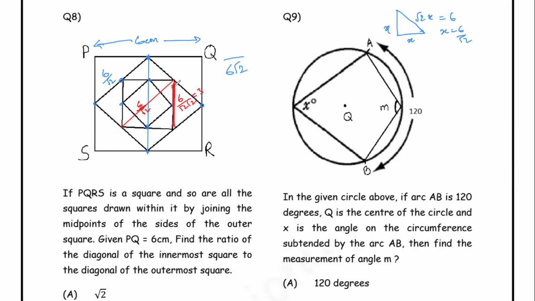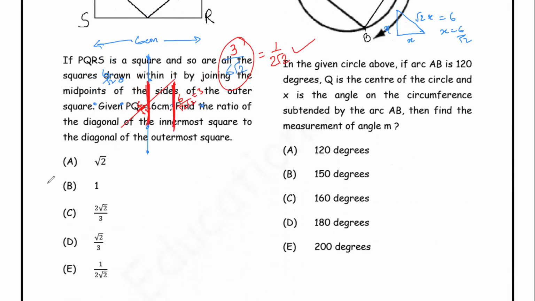And this side, 3, is also the diagonal of the innermost square. Therefore my answer is 1 by 2 root 2, the ratio. E is the answer.